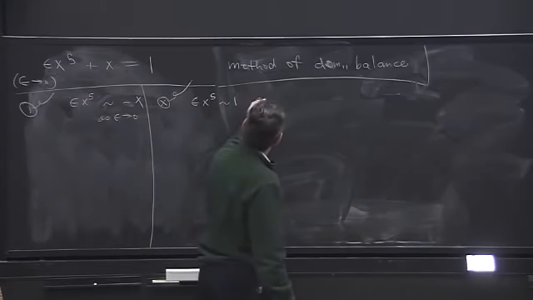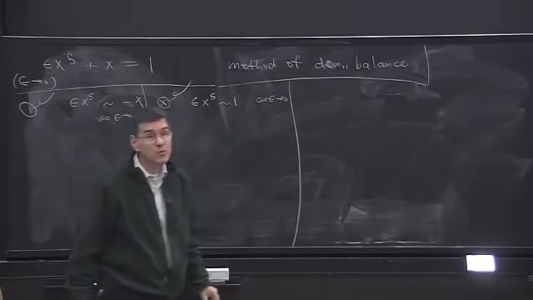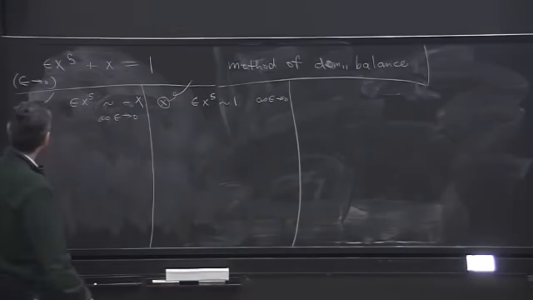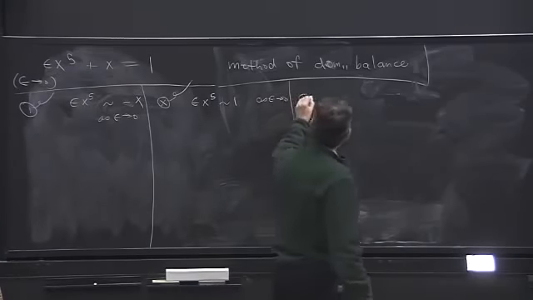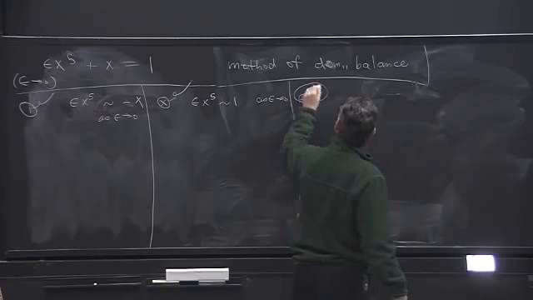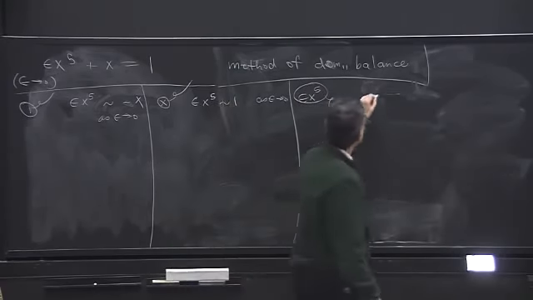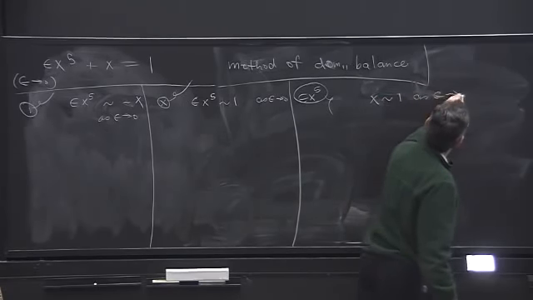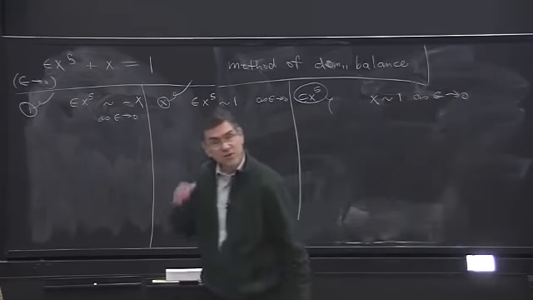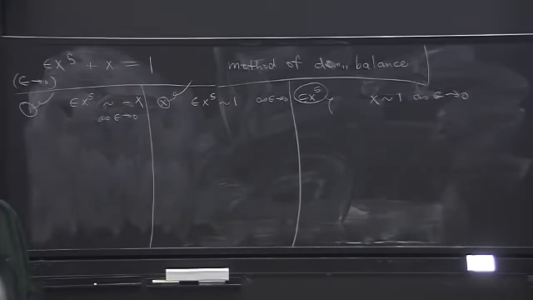And a third possible statement would be, we've thrown away 1, we've thrown away x, maybe epsilon x to the 5 is negligible, and we conclude that x is asymptotic to 1 as epsilon goes to 0. So let's look at each of these statements in turn and see if any of these are correct. We don't know which of these might be correct.